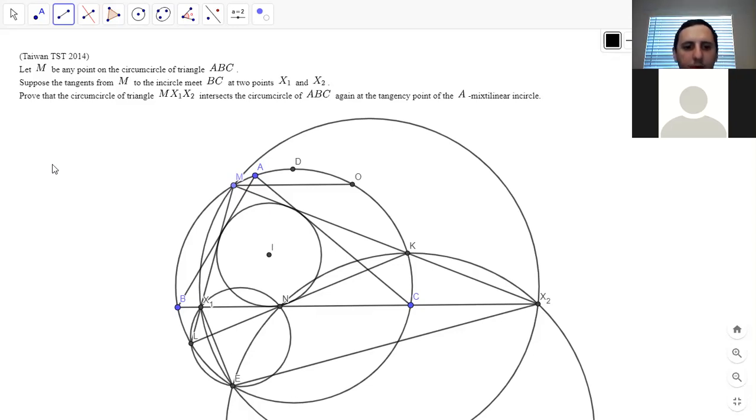So let's see, can we show it by an angle chase? So angle ENB, we want to show that's equal to angle ONC, but inverting with respect to I might work. And the radius would be the radius of the incircle? Yeah.